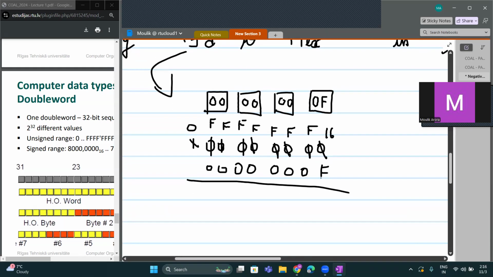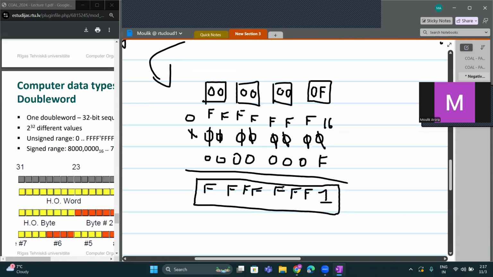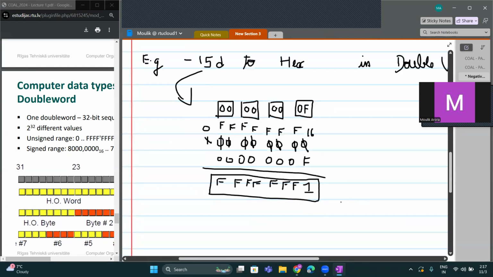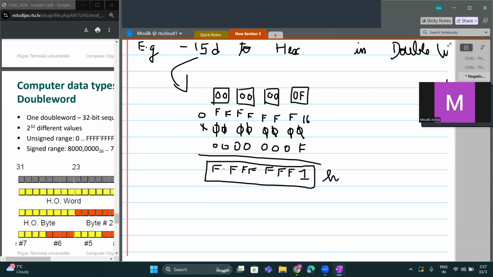So 16 minus 15 is 1, and everything else on the left is F. This is minus 15 decimal to hexadecimal. This is the hexadecimal representation of minus 15, and the format is double word because there are 4 bytes.